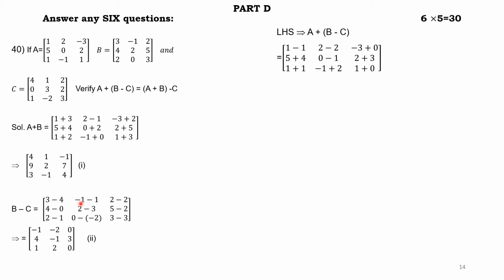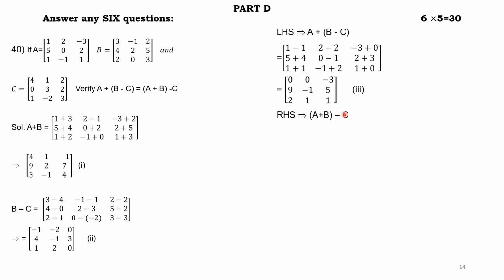And the third row is 1 plus 1, minus 1 plus 2, and 1 plus 0. Therefore, it becomes 0, 0, 0, 0, minus 3, 9, minus 1, 5, 2, 1, and 1.